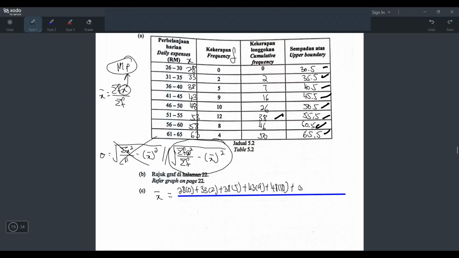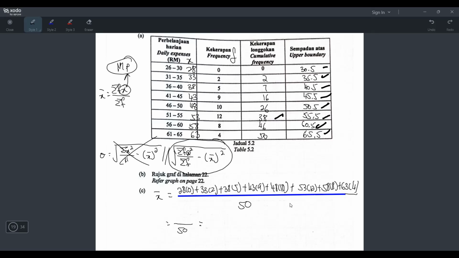And then 53 times 12 plus 58 times 8, and then plus 63 times 4. The total frequency is written here, 50. So now divide 50, and then we press yang atas lah. 28 times 0 tak payah tekan sebab itu kosong, plus 38 times 5 plus 43 times 9 plus 48 times 10 plus 53 times 12 plus 58 times 8 plus 63 times 4.